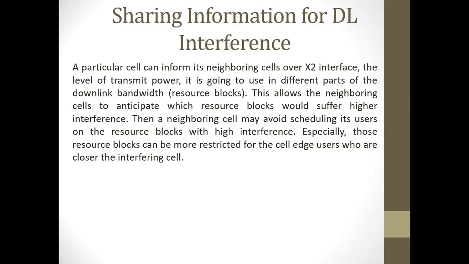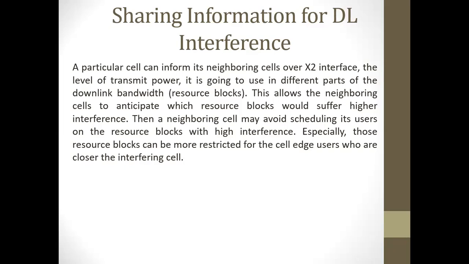You're communicating with your cell users, but since you have to use high power, that power will reach the neighboring cell. Users who are receiving on the same resource block will experience signal interference. So you just let the neighboring cell know that you're using high power here.